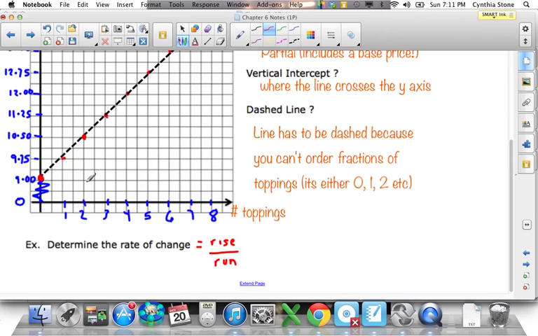So I go from here to here on my run, and from here to here on my rise. So I'm just making a triangle. So my rise goes from 9 in that point to 10.50. And my run is from here to 0. That's 0. So my run is 2.